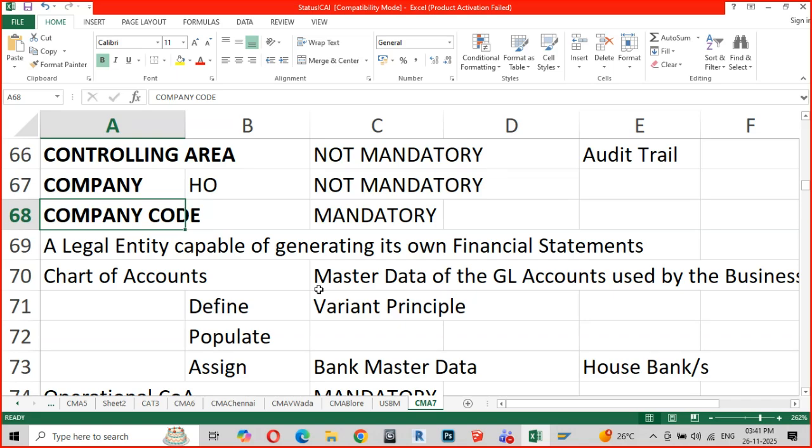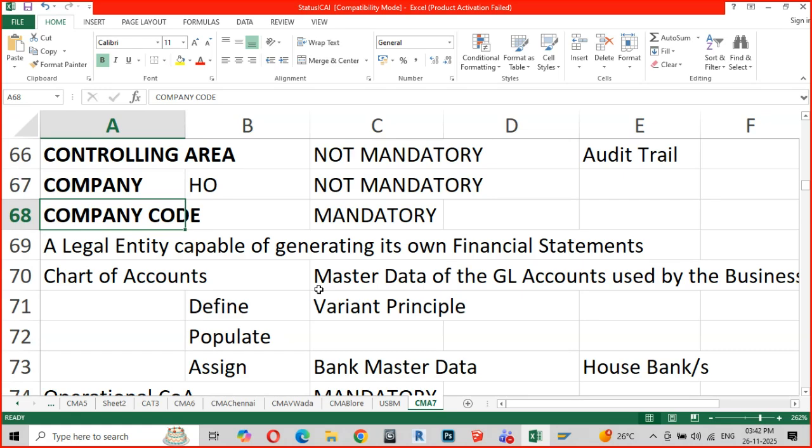So here again, you have a mandatory chart of accounts, which is called the operational chart of accounts. As the name itself suggests, it is the basic chart of accounts, which is very, very necessary for you to carry out your day-to-day functions, day-to-day transactions.